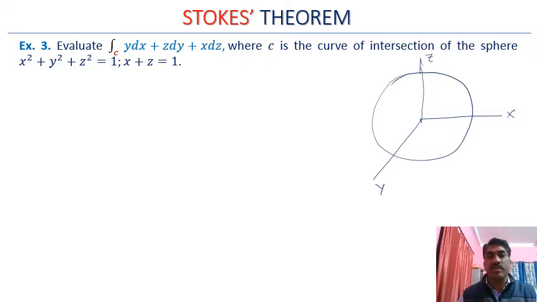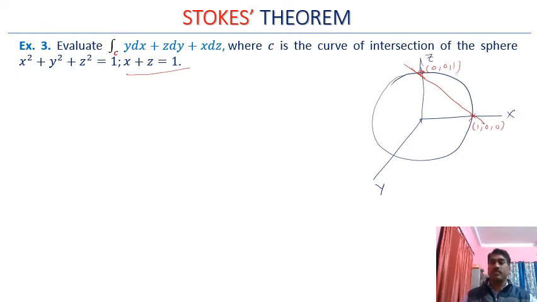So obviously the sphere has radius 1. So this point is 1 0 0, and this point is 0 0 1. Further, the plane x plus z is equal to 1. So just draw a line and consider the plane visible from the lateral side.